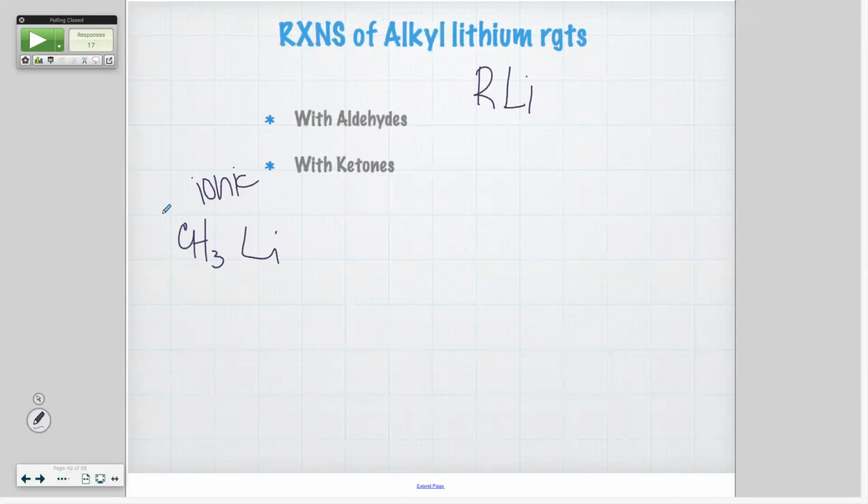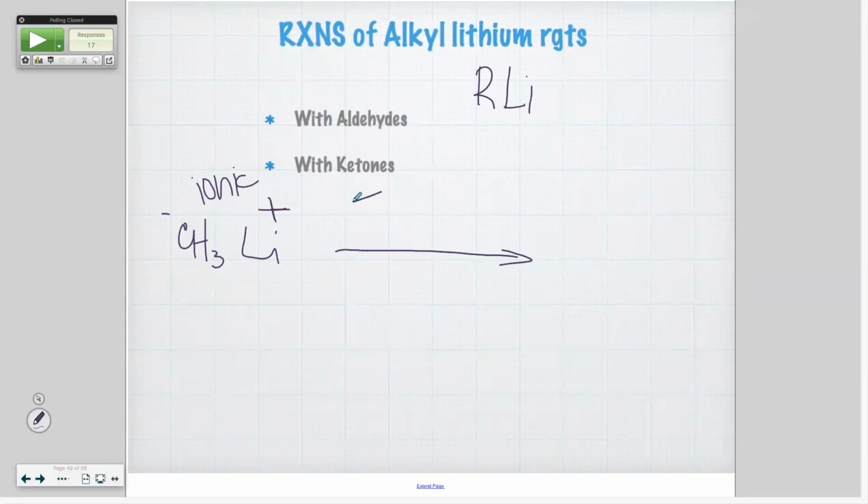The C is negative and the Li is plus. It's either ionic or almost ionic. If you actually do the calculations, I don't know. You can probably do the calculations multiple ways. All right, but let's add an aldehyde.